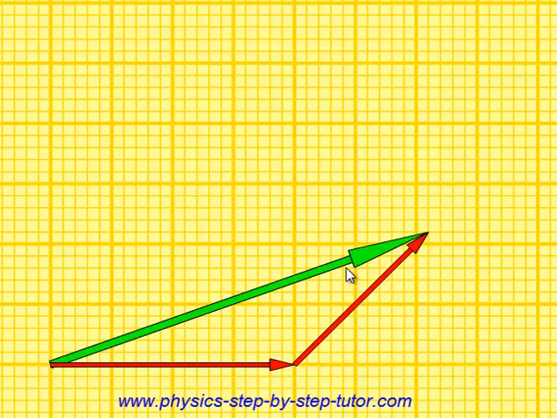The length of this green arrow is proportional to the magnitude. So here we can use the scale method. For example, on a grid, you can draw a length of 4 centimeters.